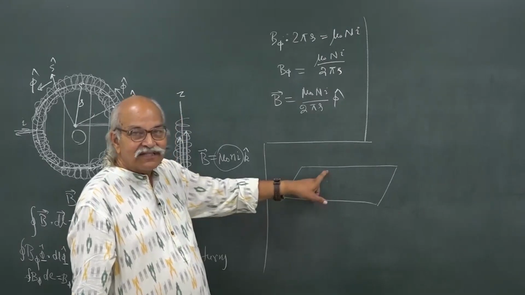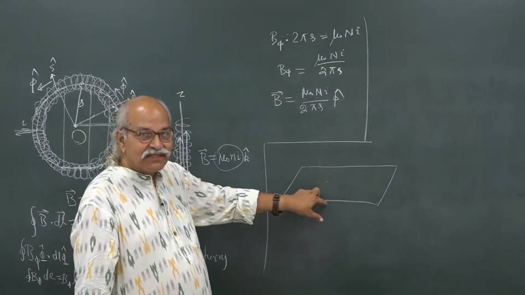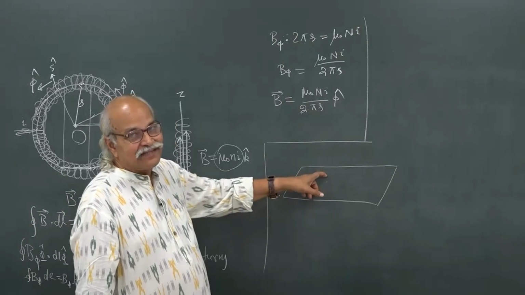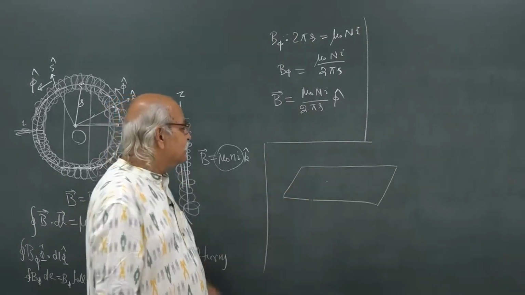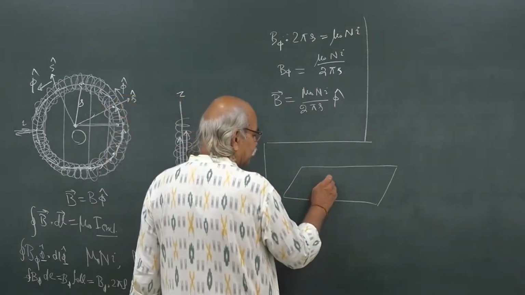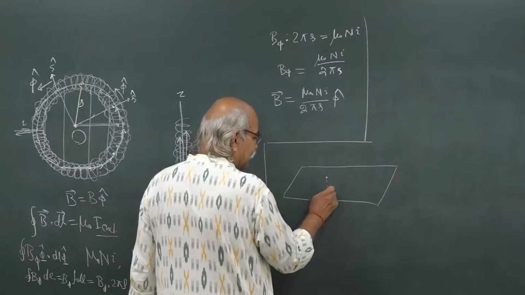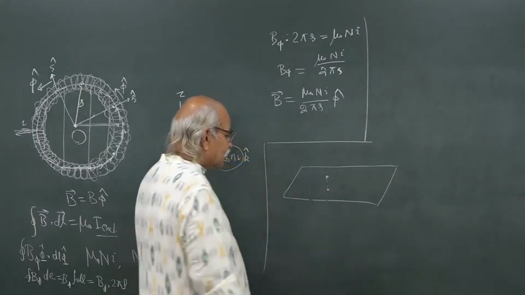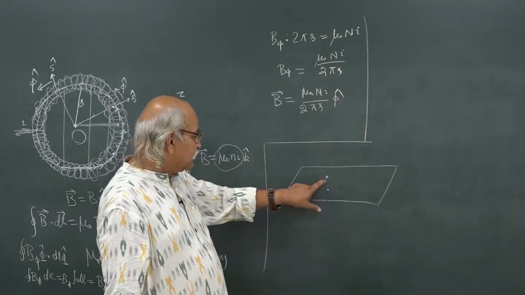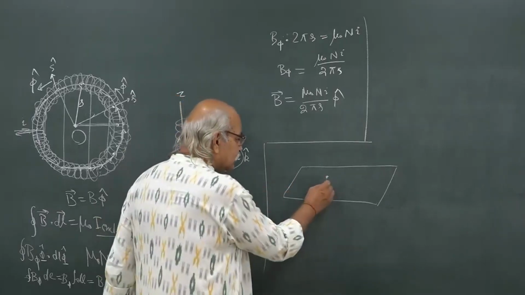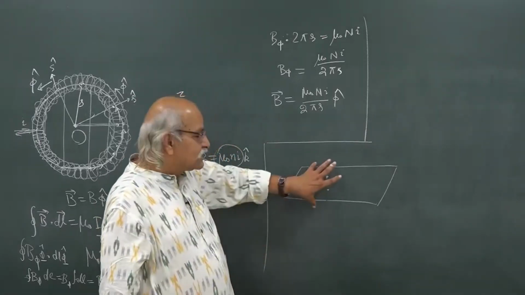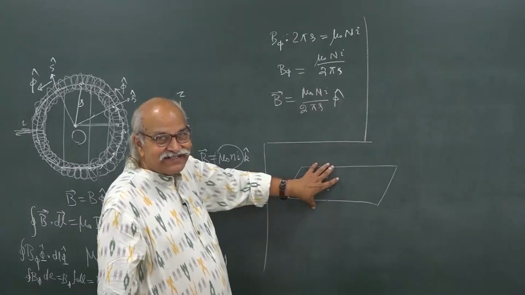So, one side of the surface and the other side of the surface, just on this side, just on that side, we take 2 points. So, we take a point out here and we take a point out here. Remember this is up and this is down, and this point is on this xy plane.